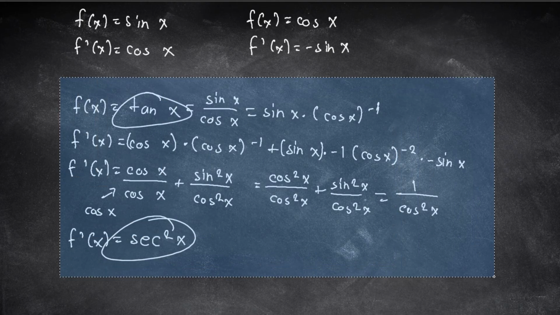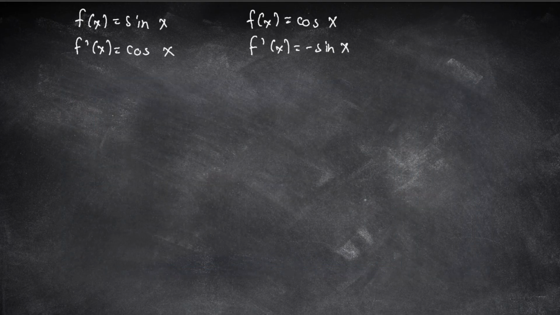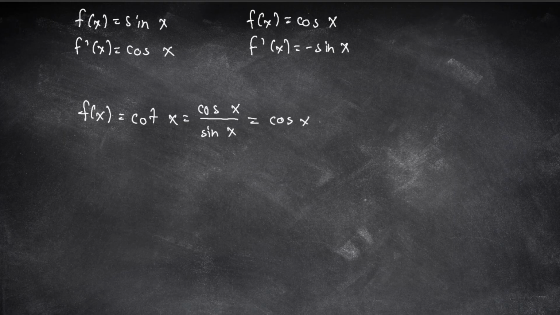Okay, now let's use cotangent. So f of x is equal to the cotangent of x. This is just the reverse of tangent. So now it's cosine instead of sine on top, and we have sine on the bottom. So cosine of x times sine of x to the power negative 1.